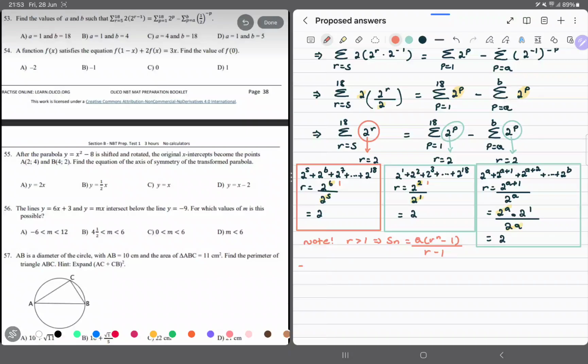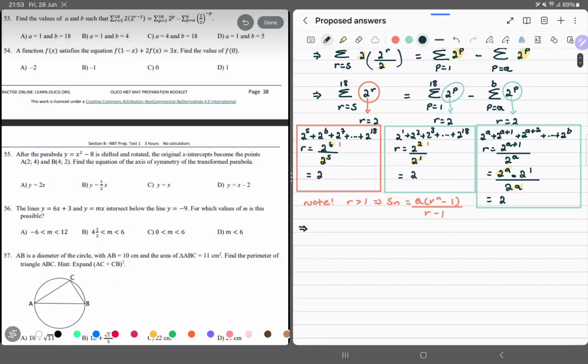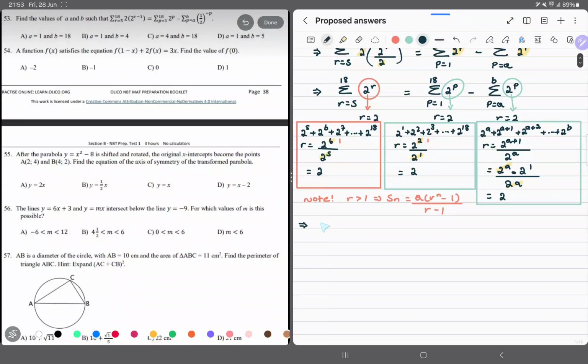So this means we need to evaluate our sums. Now to evaluate our sums, we will have here 2 to the 5 into 2 to the number of terms, which is 18 minus 5 plus 1, which is 14, minus 1, divided by 2 minus 1.